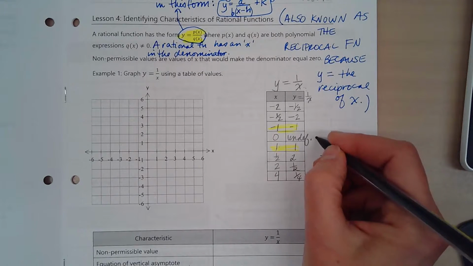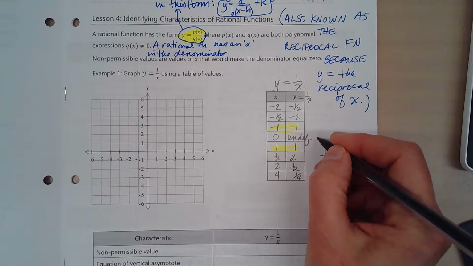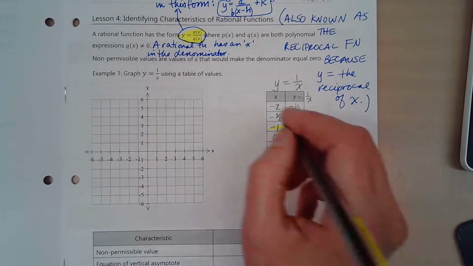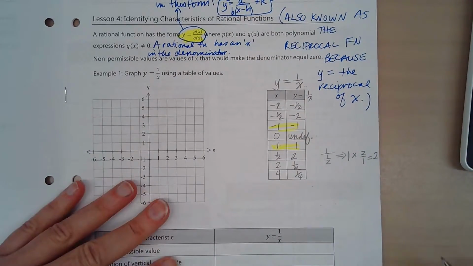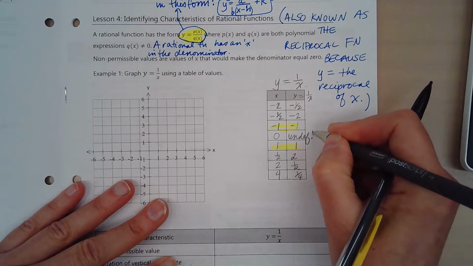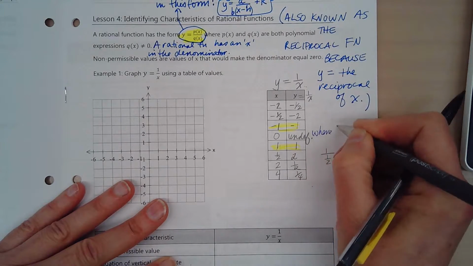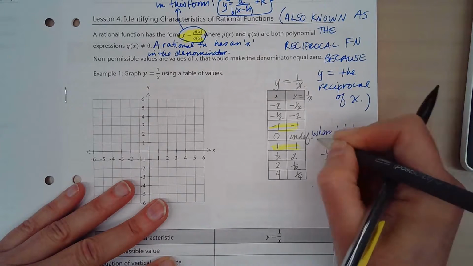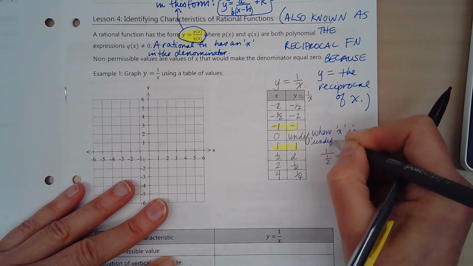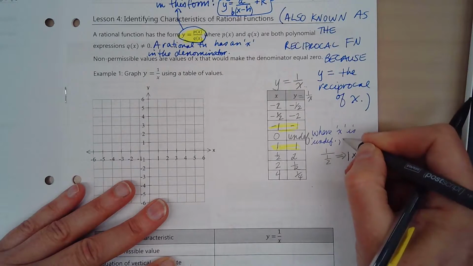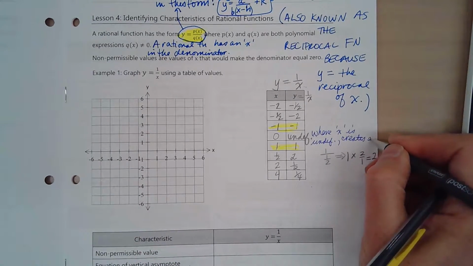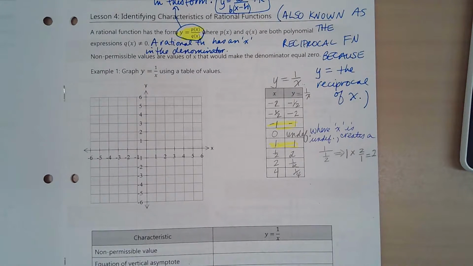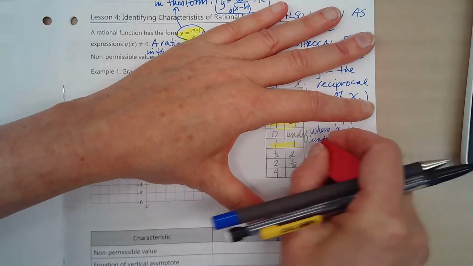Okay, so anywhere that x is undefined creates an asymptote. So that's what I'm going to write in here. Where x is undefined creates a... I'm going to erase my little division here.